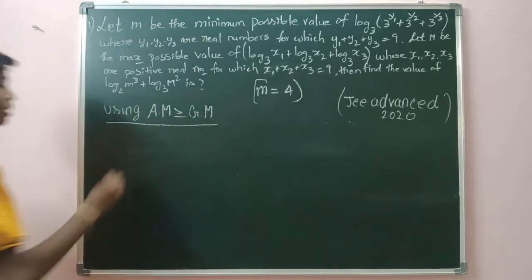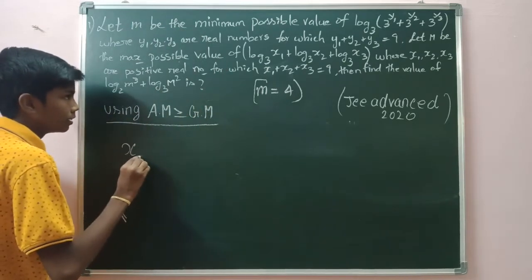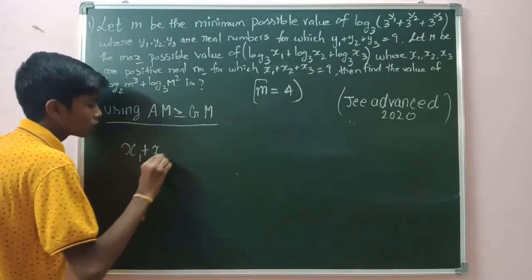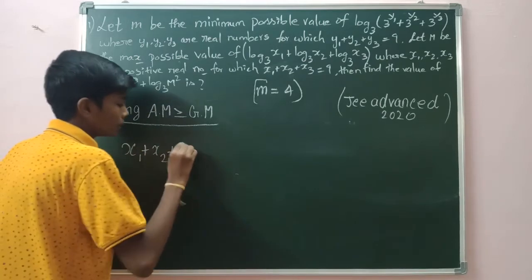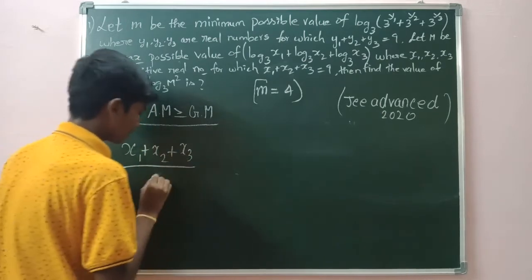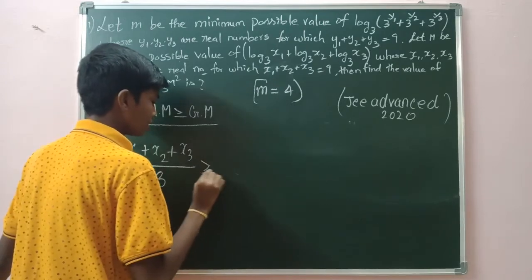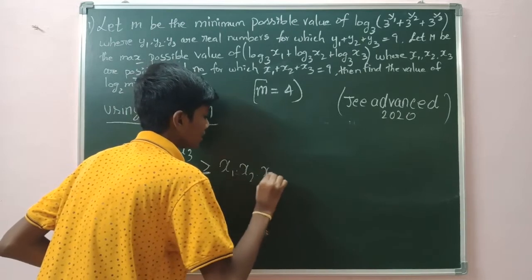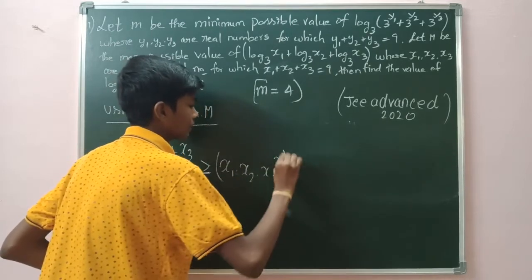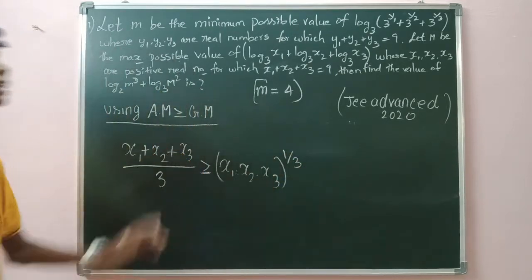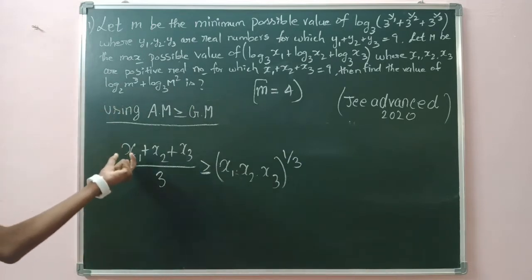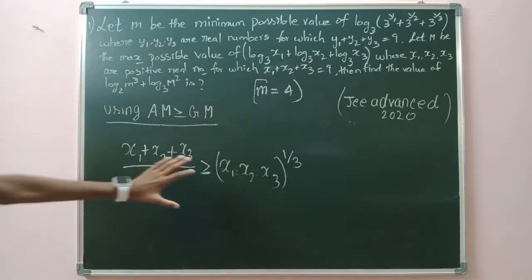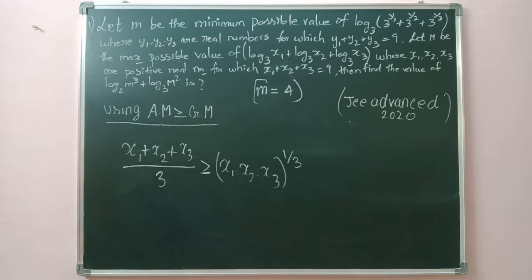So using AM-GM inequality, I will say that (x1 plus x2 plus x3) by 3 will be greater than or equal to (x1 into x2 into x3) whole power 1 by 3. Correct now? So using AM-GM inequality, this is the form of expression I will be left with.